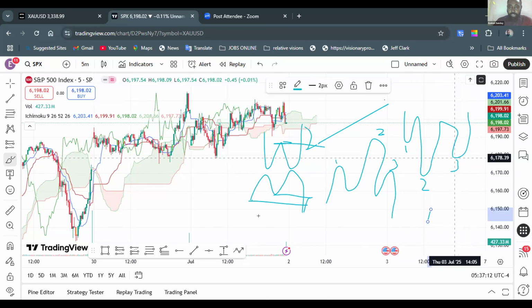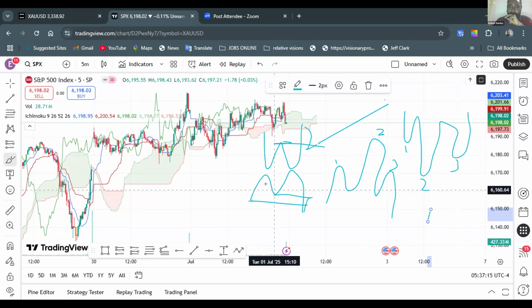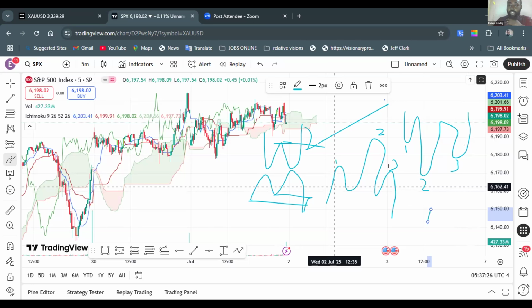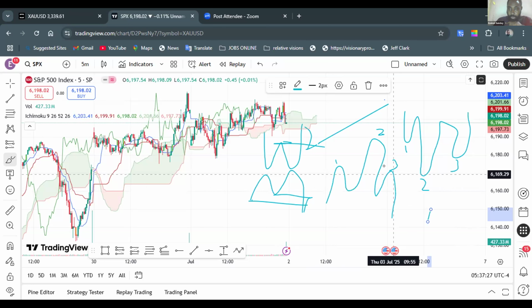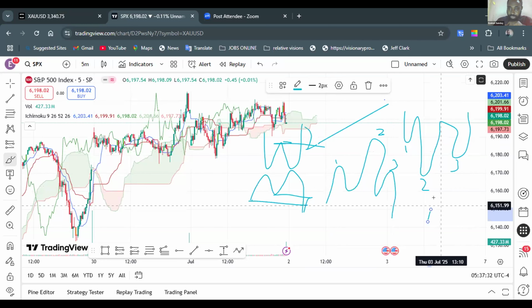So we have an M telling you that the bullish momentum is getting exhausted and the market is about to go on a downward trend, or the head and shoulder showing you that the bullish momentum is done and is about to sell.